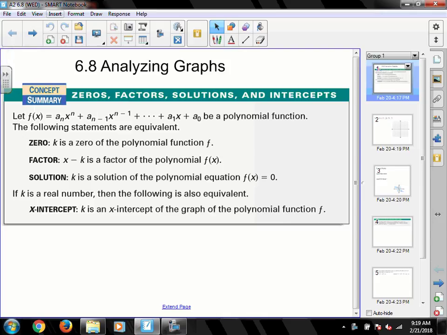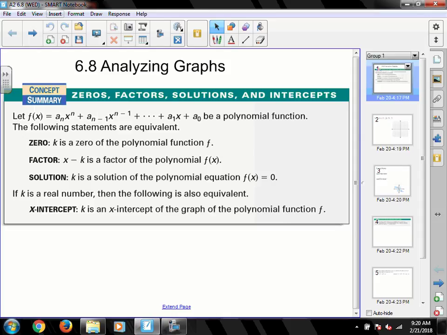First thing, just like I've been saying all chapter, if I tell you that something is a zero, a factor, a solution, or an x-intercept, I'm talking about the exact same thing. It just may depend on the context of the problem.